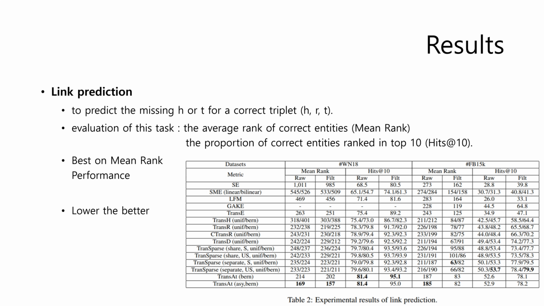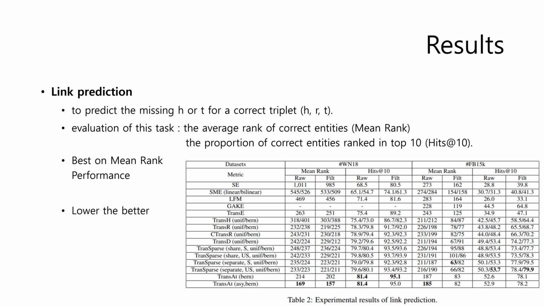The evaluation of task mainly contains two metrics: the average rank of correct entities, mean rank, and proportion of correct entities ranked in top 10. We simply say hits at 10.